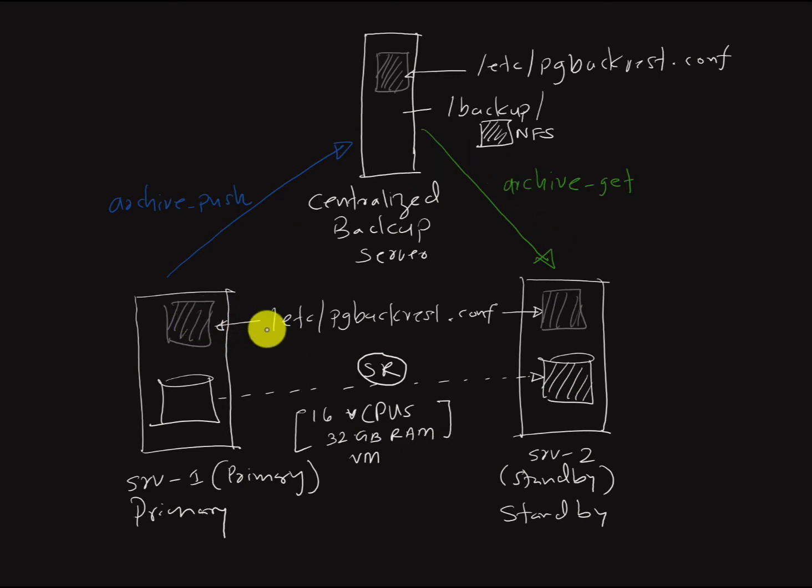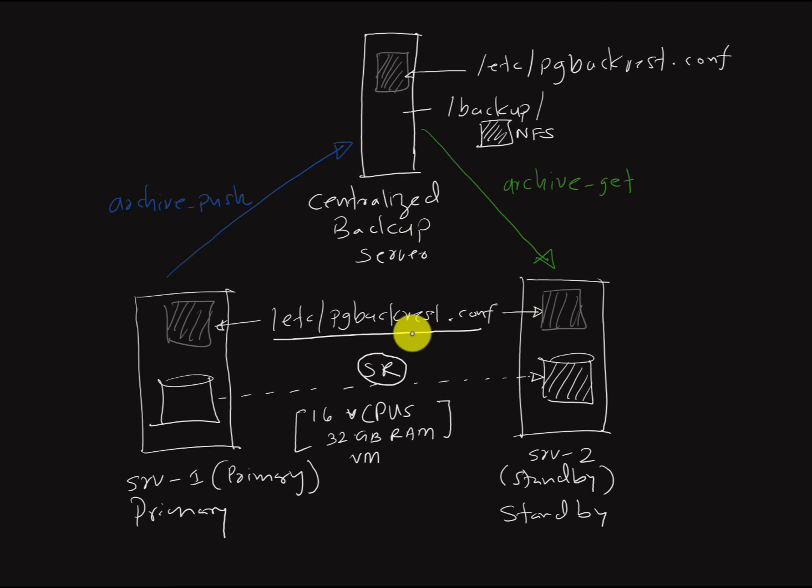You can see the pgBackRest configuration file is available in this location on both primary and standby, and it is also available on the centralized backup server. All the configuration options need to be added into this pgBackRest configuration file.